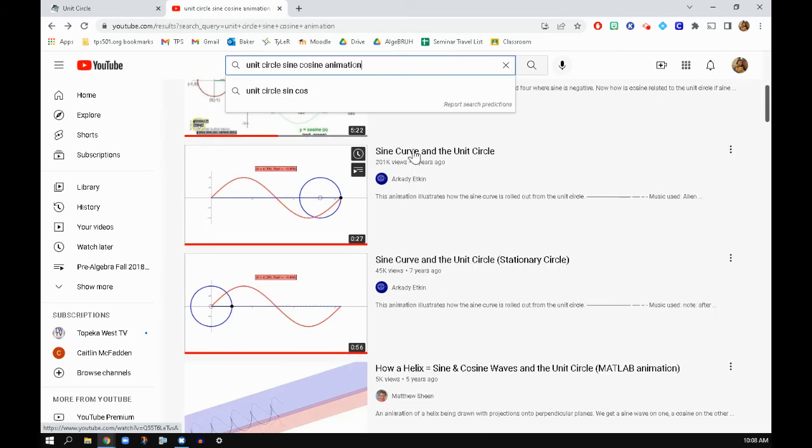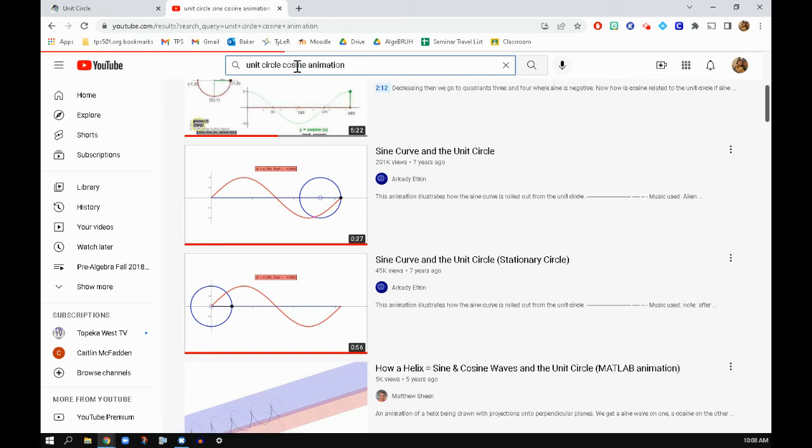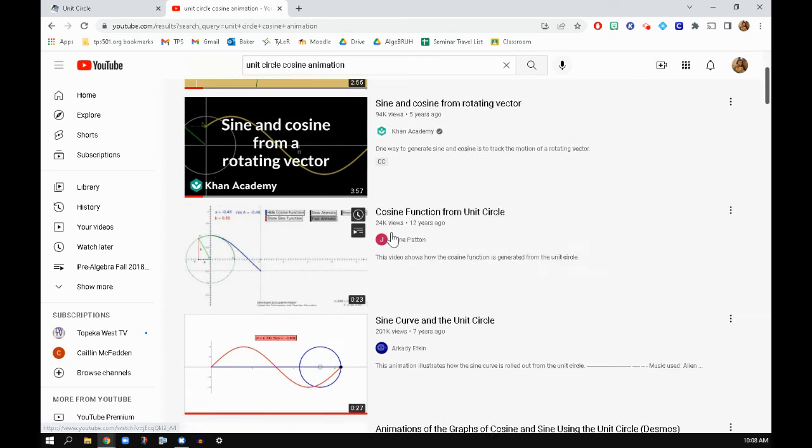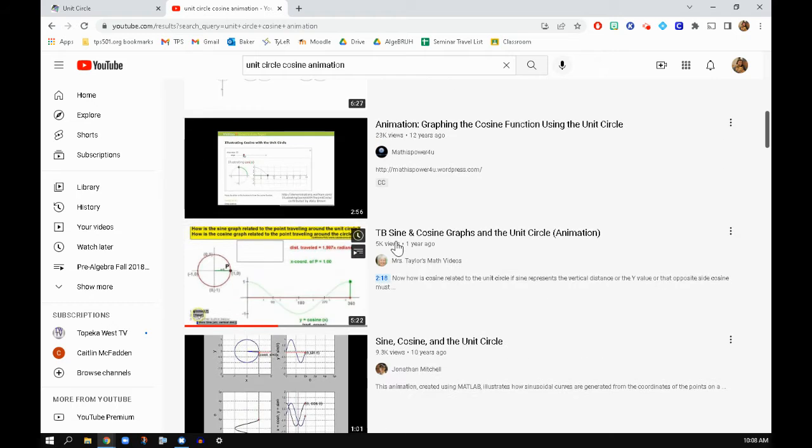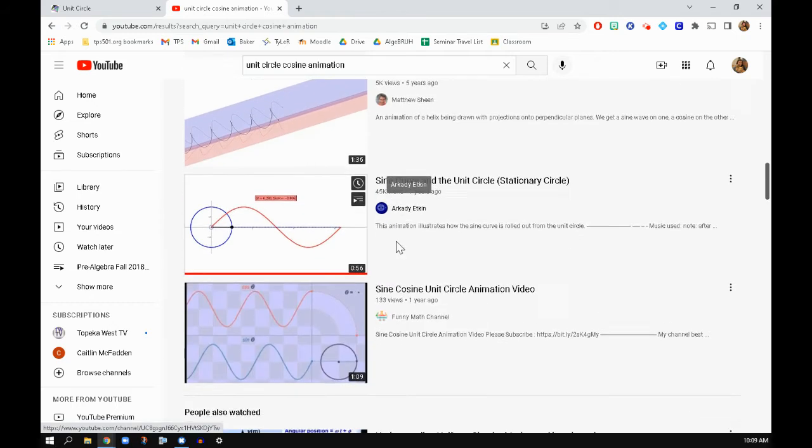I didn't want to do this today. Sine curve in the unit circle. We need the cosine curve. There's the sine one.